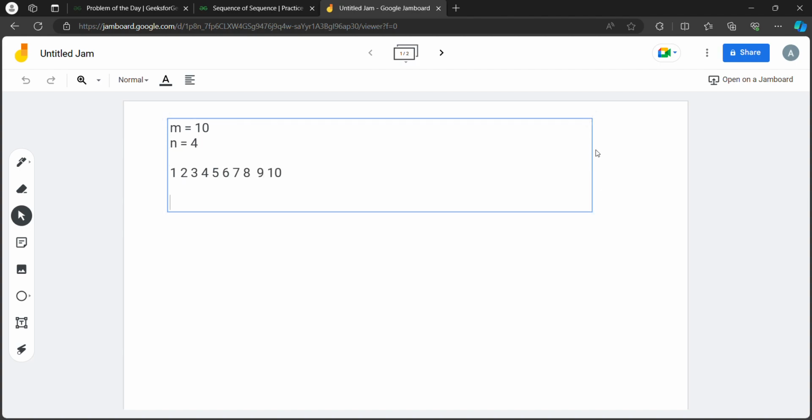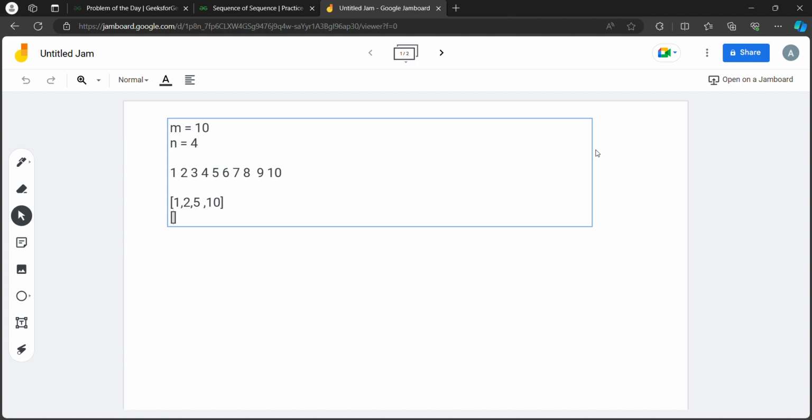Our possible sequence will be, if we consider the last element is 10, then our second last element will be 10 by 2, that is 5, and the third last will be 5 by 2, which is 2, and the first element will be 1.